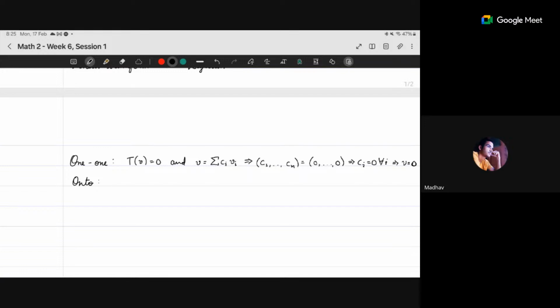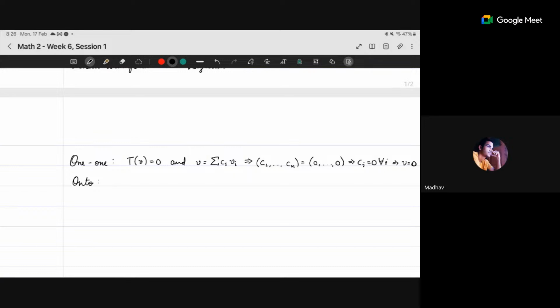Just to recap, what we did was you started out with a random vector such that its image is 0. Expressed it as a unique linear combination of the basis vectors, and we saw that the coefficients are forced to be the 0 vector.